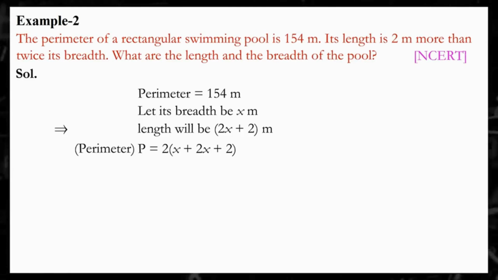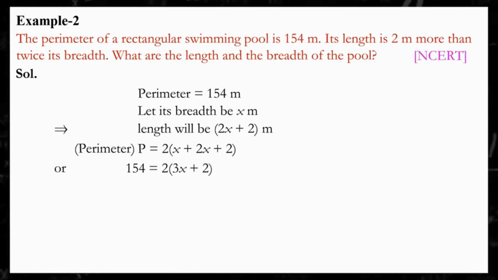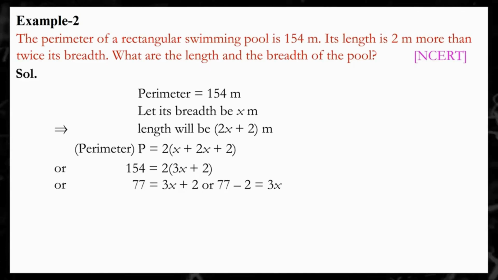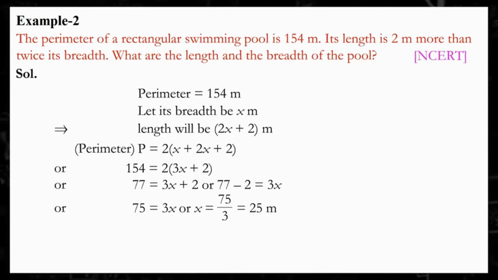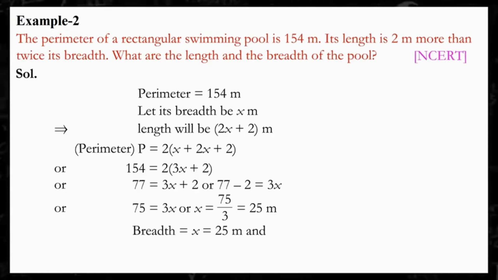Perimeter P is equal to 2(x plus 2x plus 2), or 154 is equal to 2(3x plus 2), or 77 is equal to 3x plus 2, or 77 minus 2 is equal to 3x, or 75 is equal to 3x, or x is equal to 75 upon 3 is equal to 25 meters.